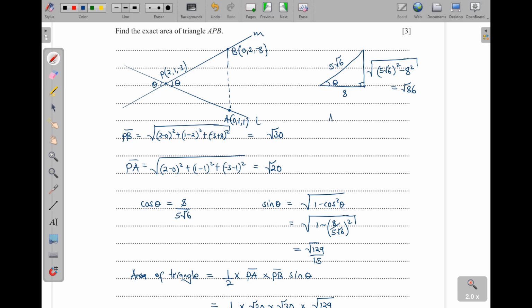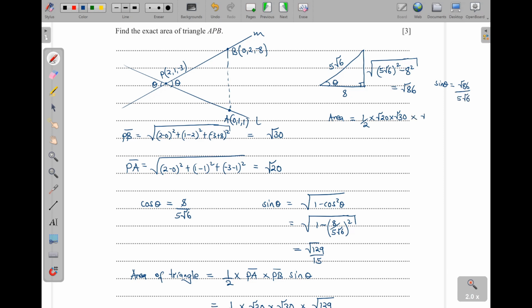Then they will say area is going to be equal to a half times root of 20 times root of 30, then sine of theta is going to be the opposite, which is root of 86 over the hypotenuse 5 root of 6.